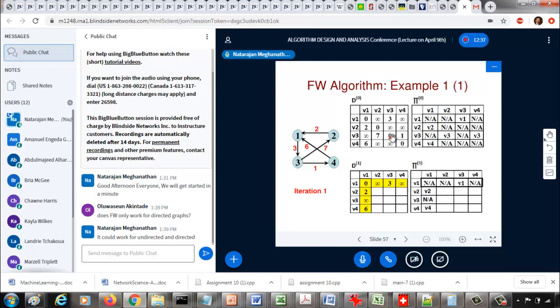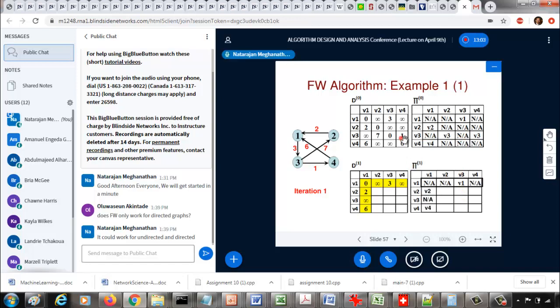Now here it is 0 as the distance from V3 to V3. We have to check, can we do less than 0? So again the horizontal line will reach here at infinity, vertical will reach here at 3. So is 3 plus infinity less than what we know currently for that entry, which is 0? The answer is no. So we will stay with 0, and that's not applicable here.